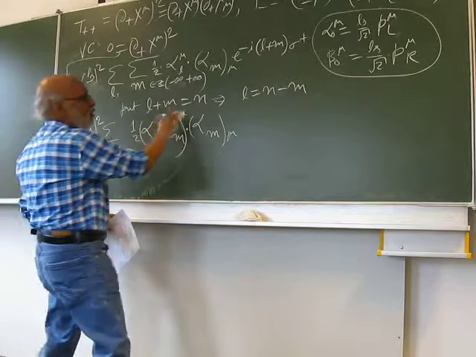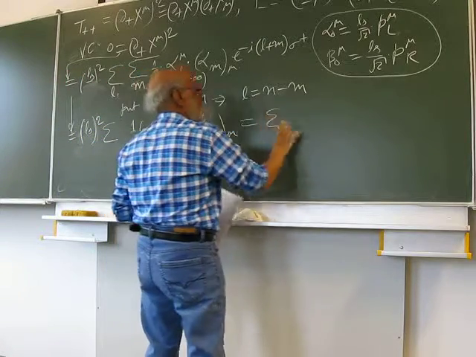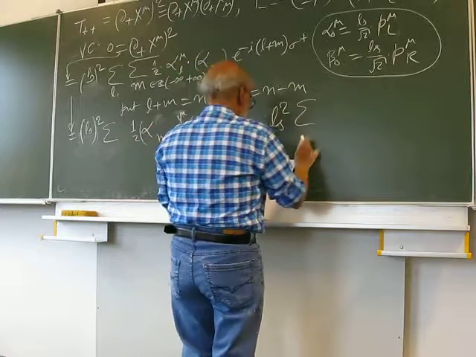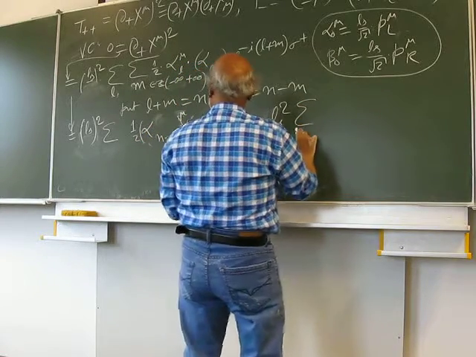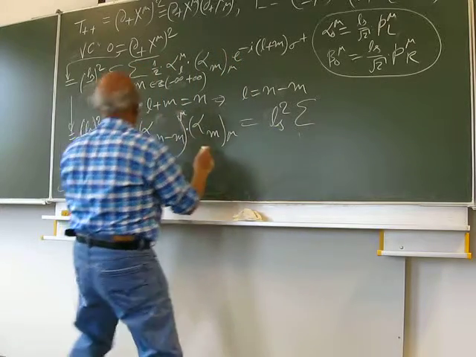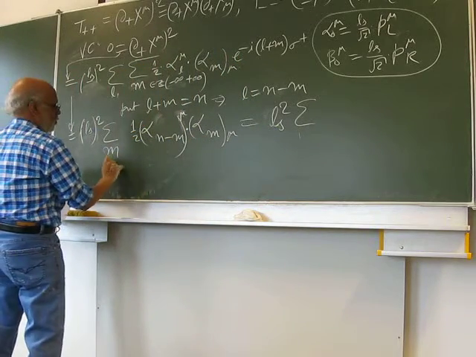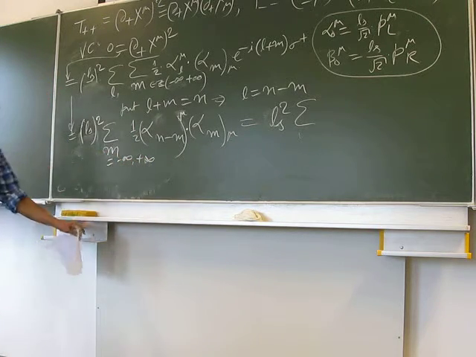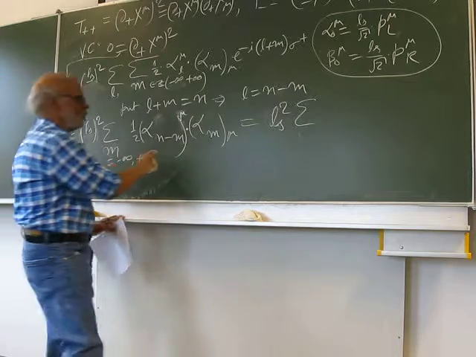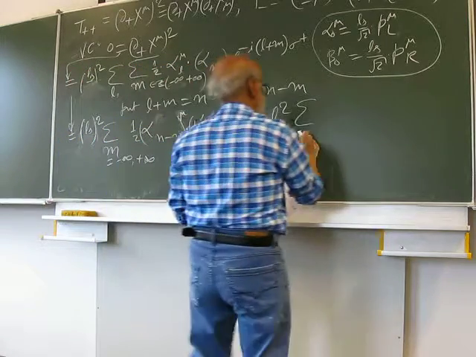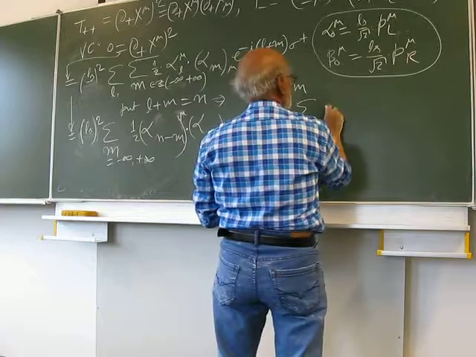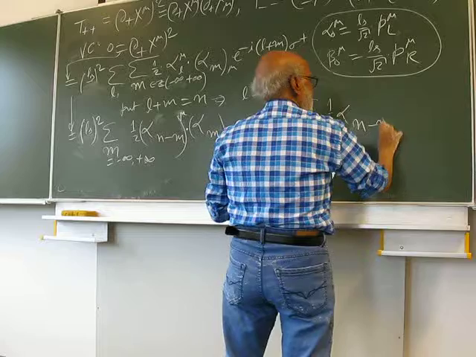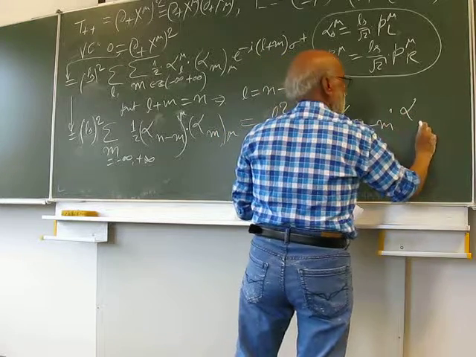Or you could even drop this, where it is understood that m is repeated, so it's a sum over m, and of course minus infinity to plus infinity, also including 0. Okay, also including 0. And so this, you write it as this or as this, 1/2 alpha n minus m alpha m.